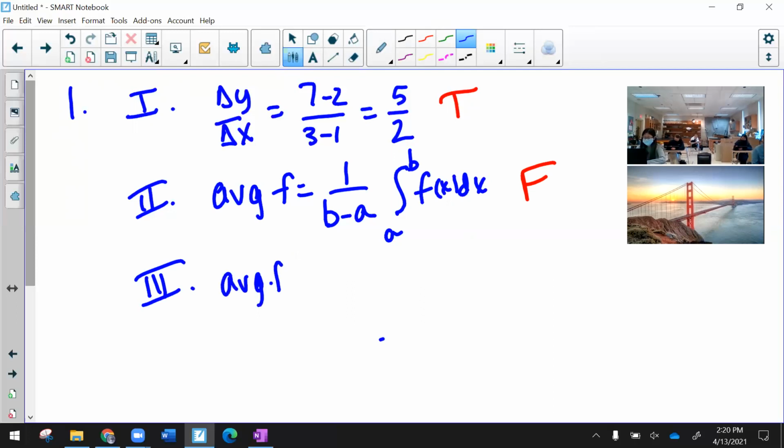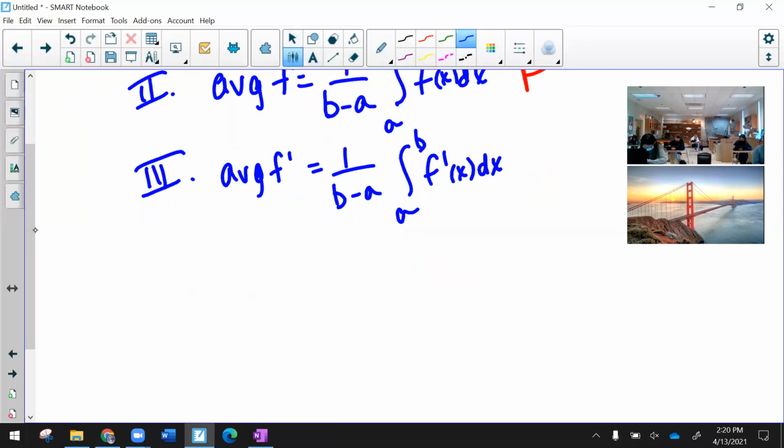Number 3 says the average value of f prime is 5 halves. Well, that's a different story because that's still going to be 1 over b minus a, integral from a to b, f prime of x dx. So this is going to give me 1 over 3 minus 1, just hang for a sec, okay?